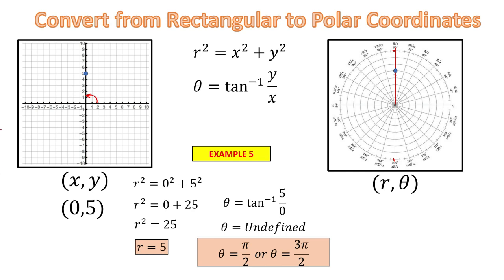The angle from here to here is pi over 2. And do not use 3 pi over 2, because that is here, and this is not my problem. My problem, the point is here. Now, the point is in this part, and the angle is pi over 2.